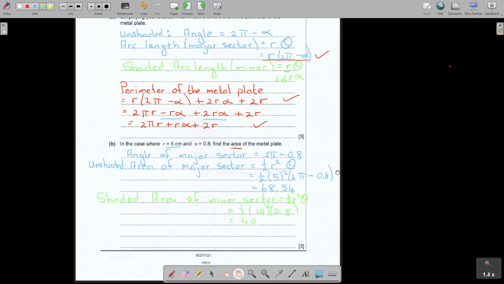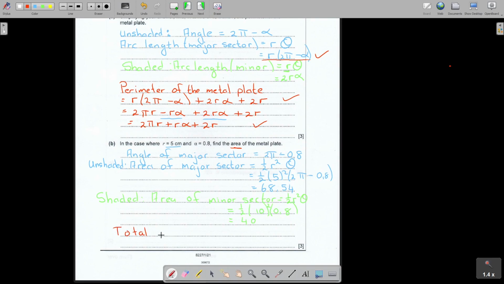And now I will just end by saying total area of metal plate, and that's going to be 68.54 plus the 40, and I can approximate to 3 significant figures.